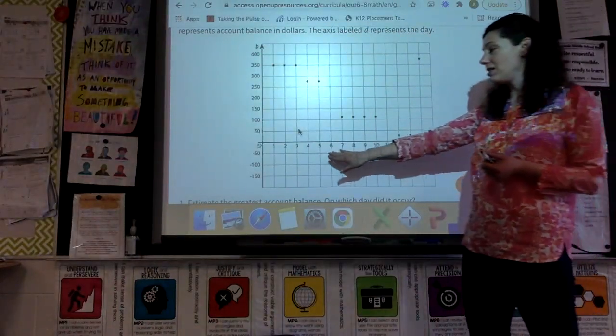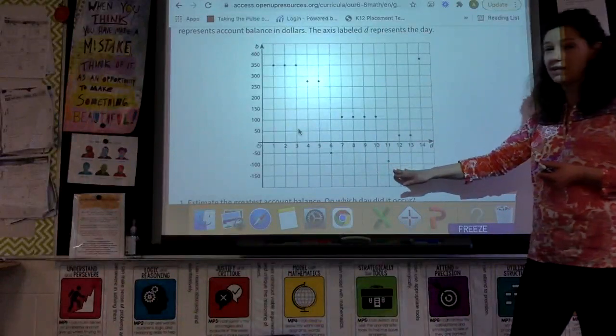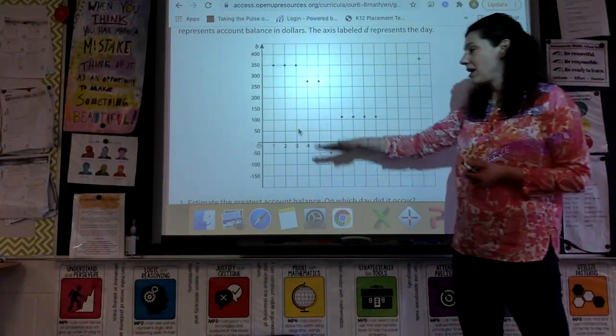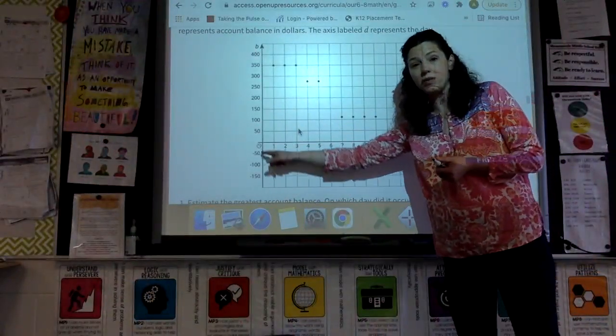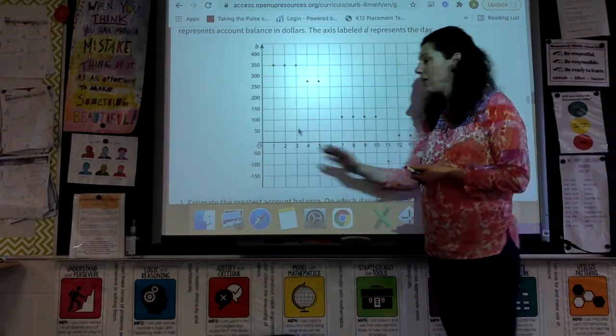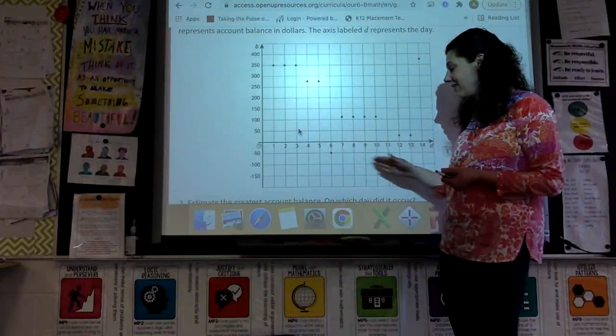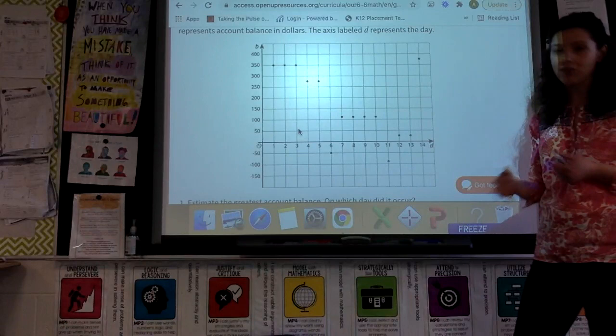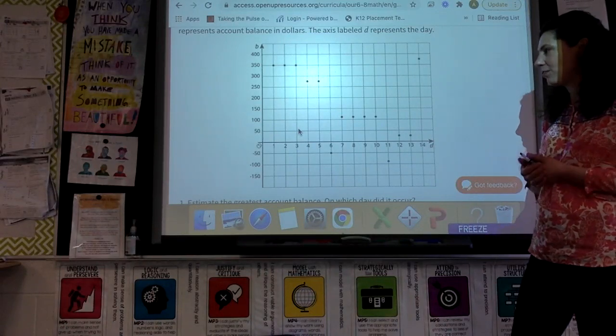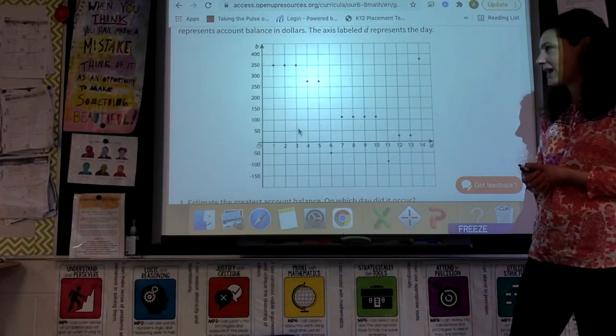Right down here, I can see that there were two different days on this graph that these dots went below the zero on the y-axis, that it went lower, that they actually had an overdraft, is what that's called in a bank. They owed the bank money.